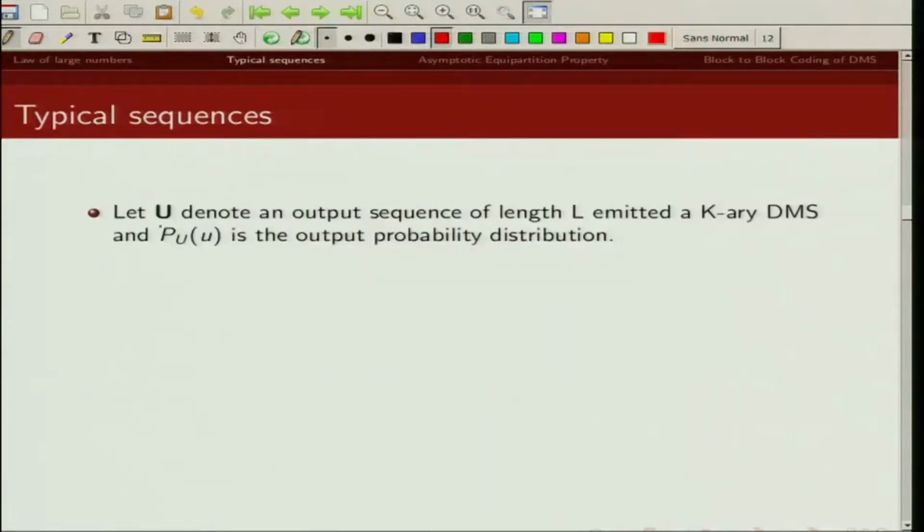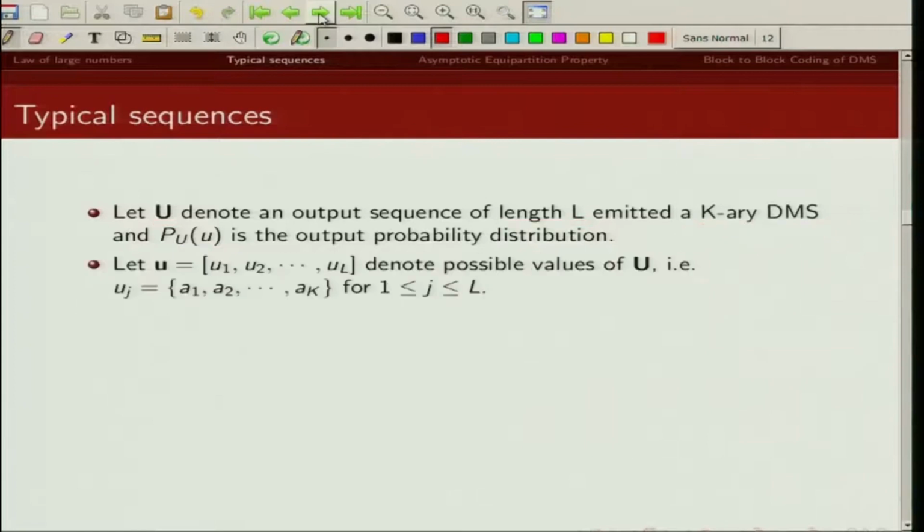So let U be the output sequence of length L, which is emitted by a K-ary discrete memoryless source, and let P_U be the output probability distribution of that. Since U is of length L, we denote U by U1, U2, U3, up to U_L.